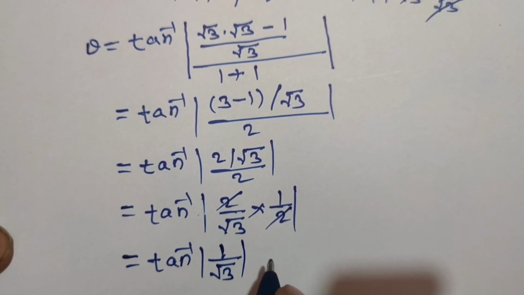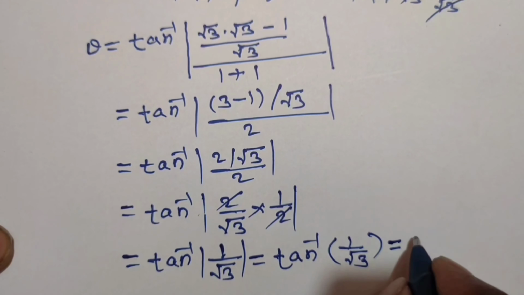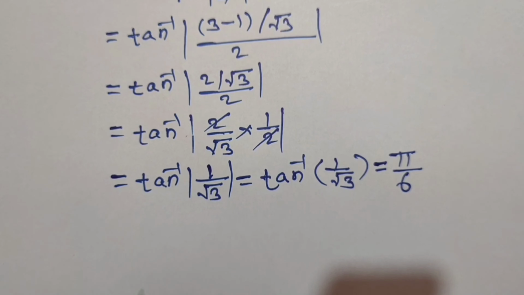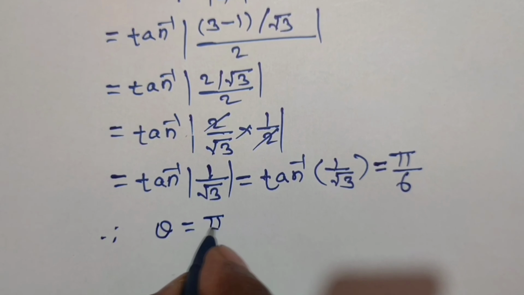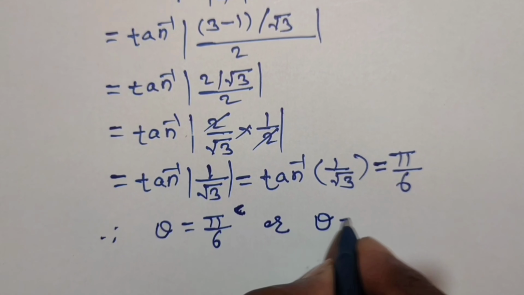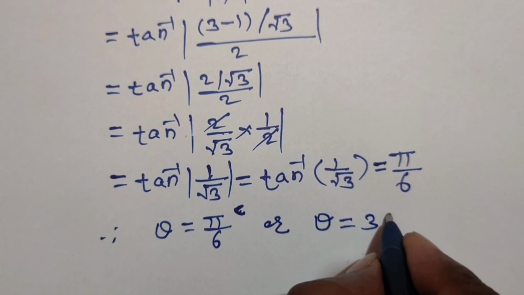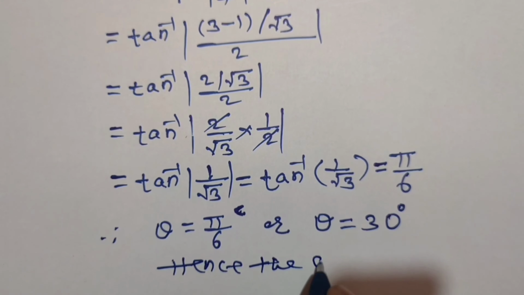And you know its value, tan inverse 1 upon root 3 is given by pi upon 6. But you know pi upon 6 is value of angle in radian. And if we express this angle theta in terms of degrees, then this is nothing but theta is equal to 30 degree. Hence the solution.